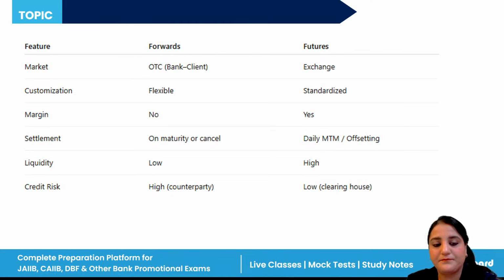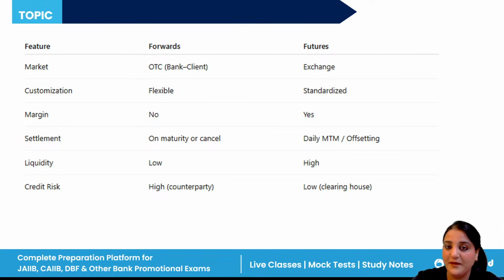Then here the difference between forward and futures. So what is the difference between forward and future? You can see here, forwards happen over the counter, but futures happen on the exchange market.